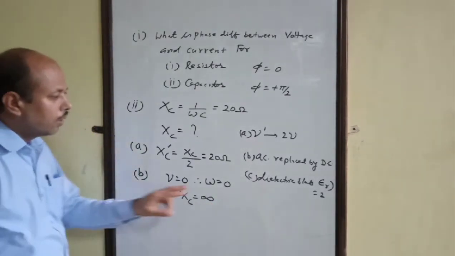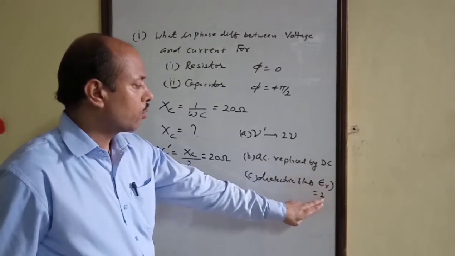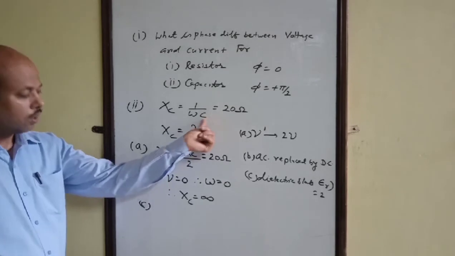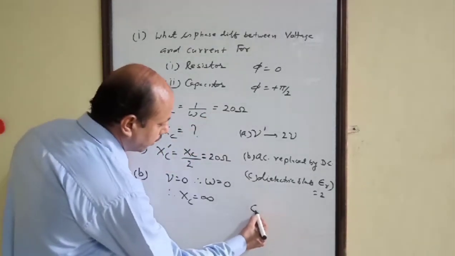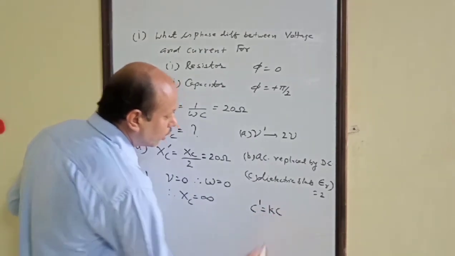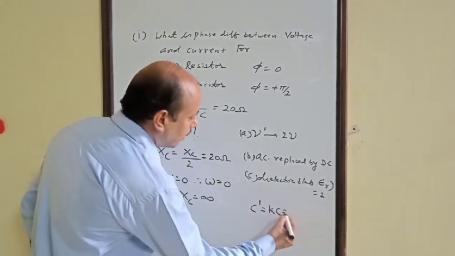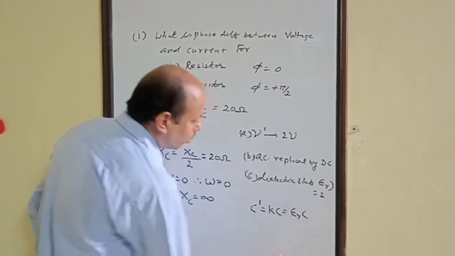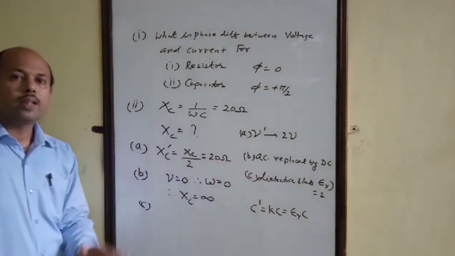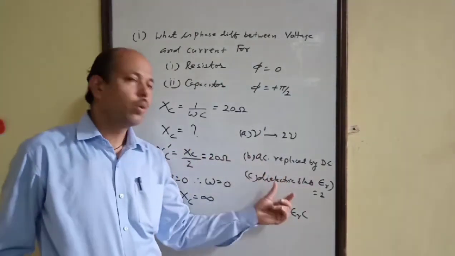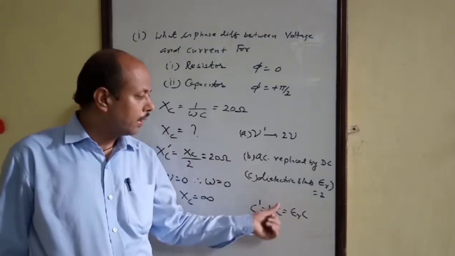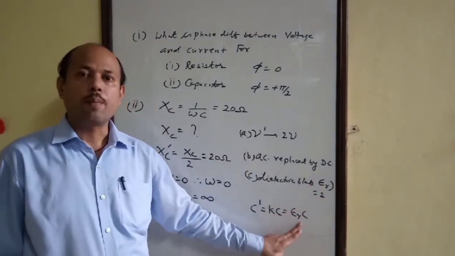Third, the C part: a dielectric slab of dielectric constant 2 is placed between the plates of the capacitor. From the electrostatics unit, I think you all know that C dash equals K into C, or C dash is epsilon r into C, where epsilon r is the dielectric constant. It means whenever a dielectric slab is introduced between the plates of a capacitor, its capacitance will increase, and in this case it becomes 2 times.